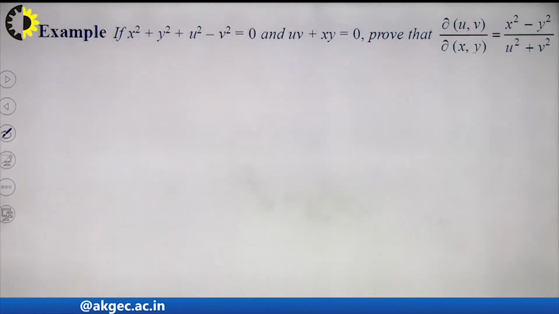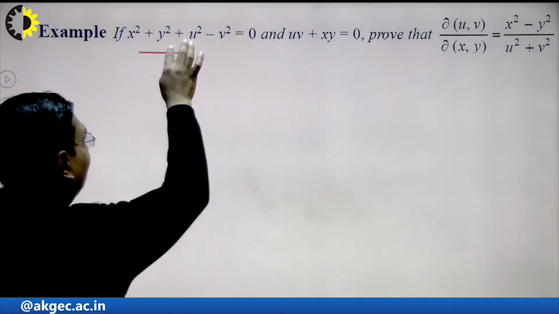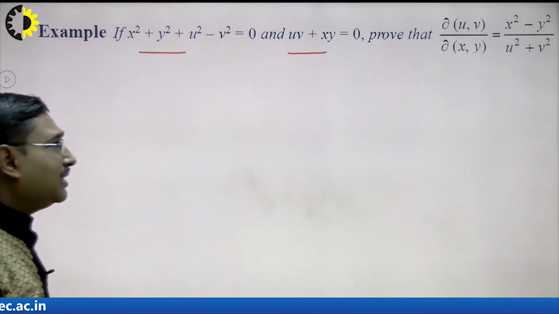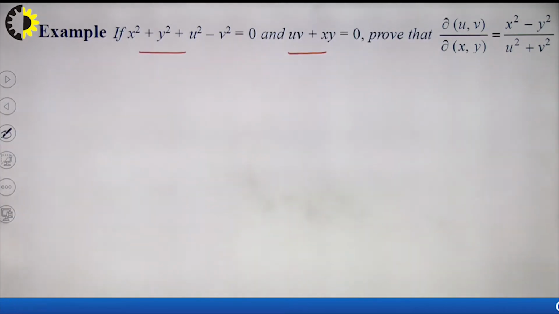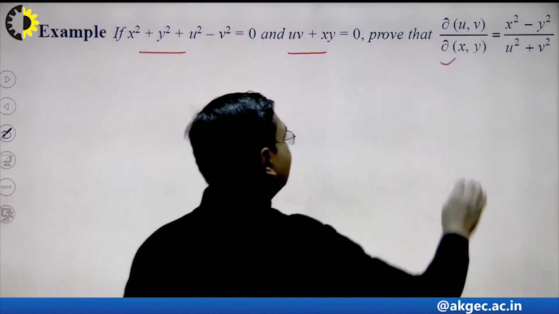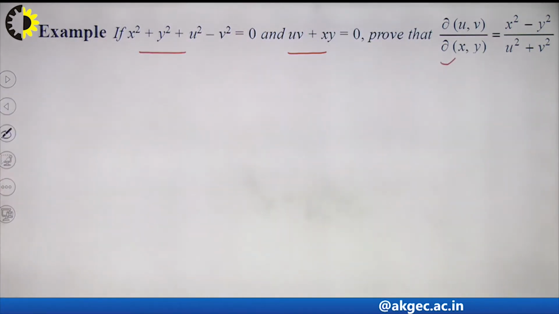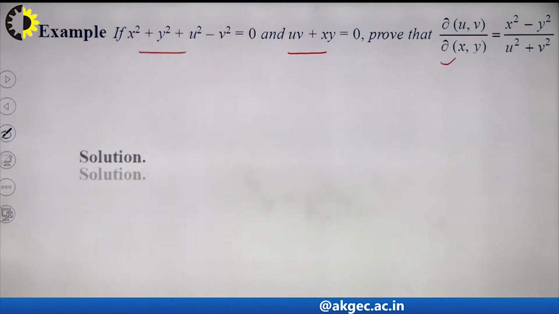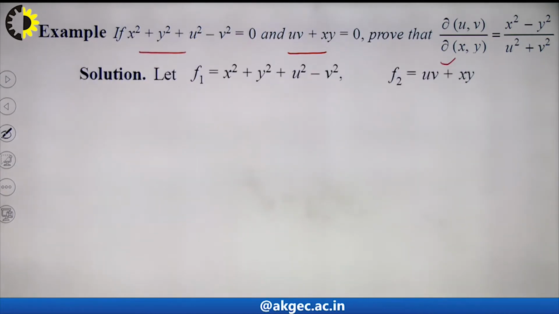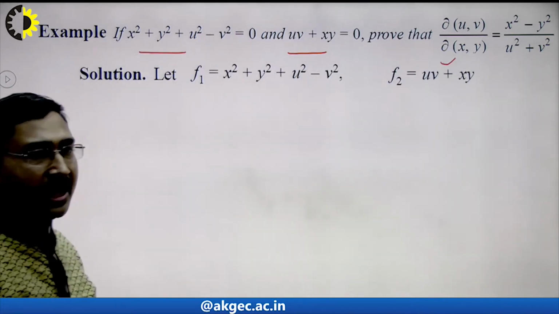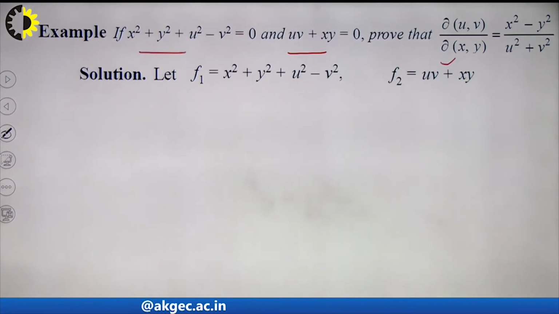Therefore we have implicit relations involving x, y and u, v, and to calculate this Jacobian we shall use the property discussed in previous slides, and for this I introduce f1 and f2.